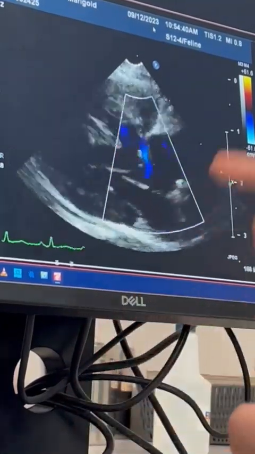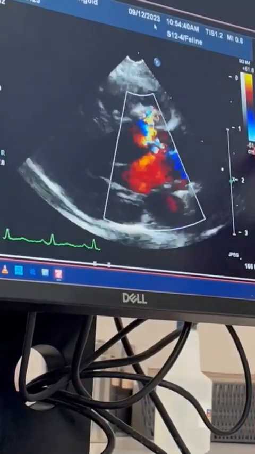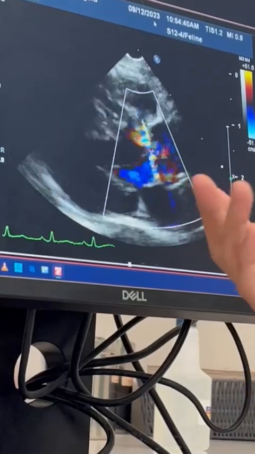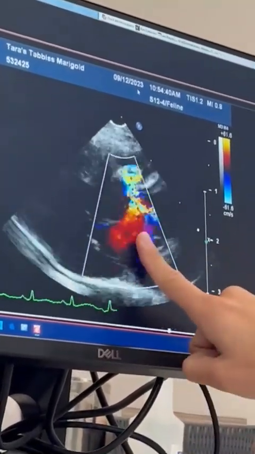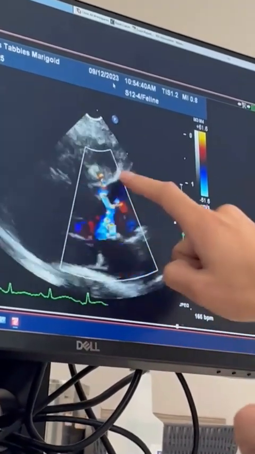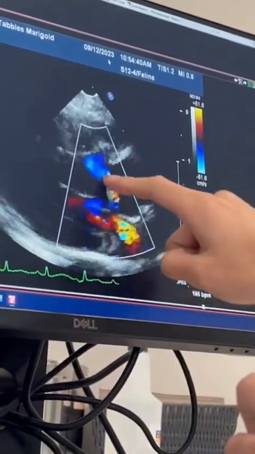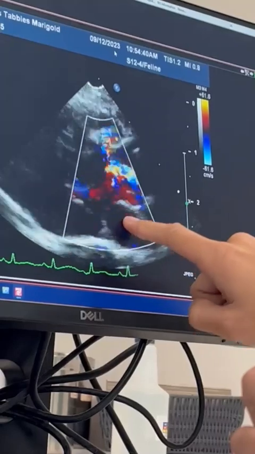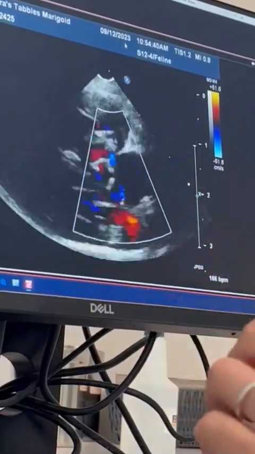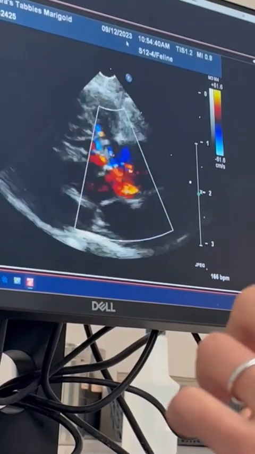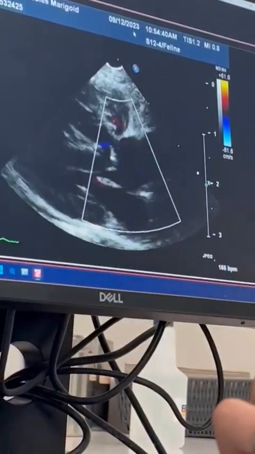There's a spectrum of color, and different colors mean the blood flow goes in different directions. You can see there's a mixture of colors in this area, which means there is turbulent blood flow across this level, and that is essentially the source of her heart murmur.